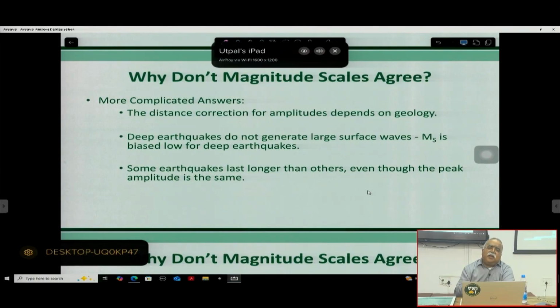So if you have used a uniform distance correction for all the stations, that hampers the actual numbers. And second, if it is a very deep earthquake, then as I told you last time, the surface wave may not exist. So predicting the MS magnitude based on a deeper earthquake is a wrong idea.